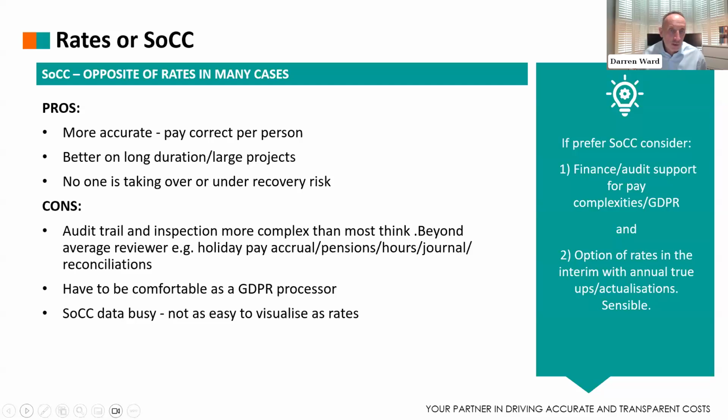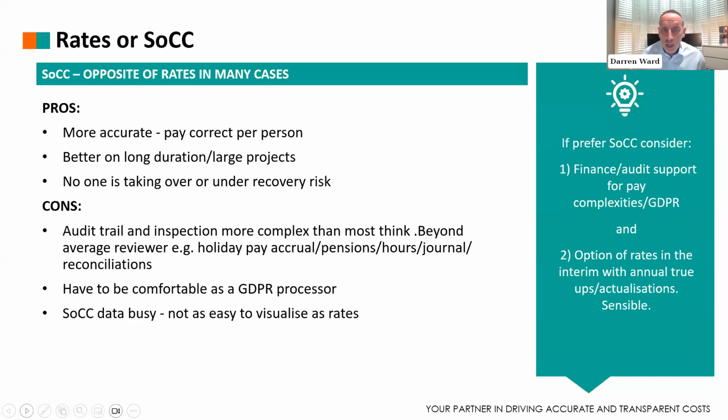The audit trails and what you need to do to inspect can be more complex again than most people think, and that can be beyond the average reviewer. You can get in really deep on areas like holiday pay accrual, underfunded pension, hours divisors, journal entries, and hours reconciliations back to applications.